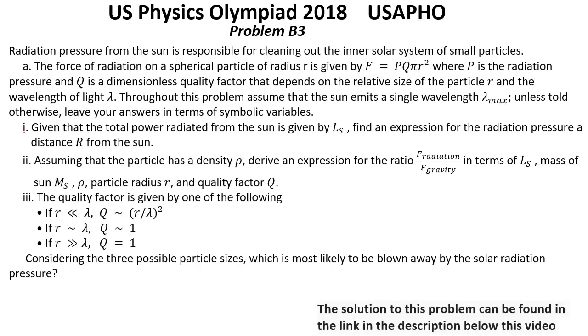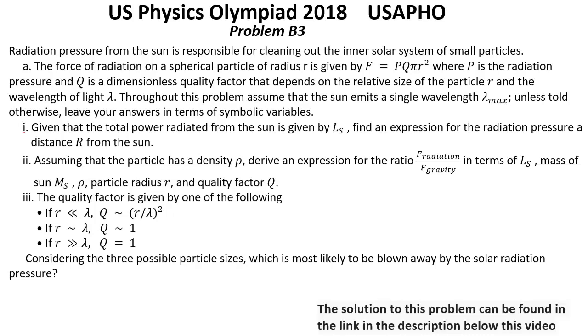US Physics Olympiad, year 2018, USAPHO, problem B3. Radiation pressure from the Sun is responsible for cleaning out the inner solar system of small particles.